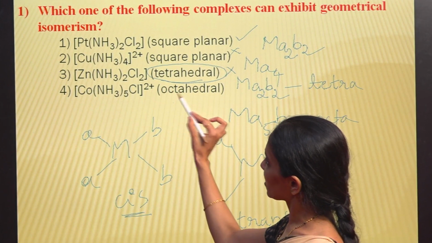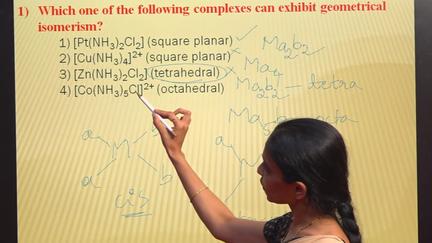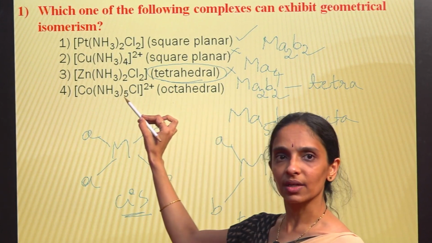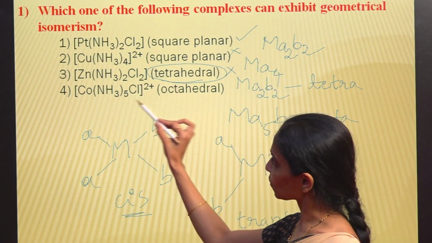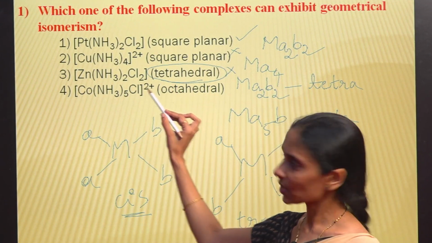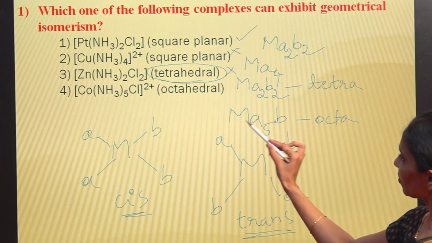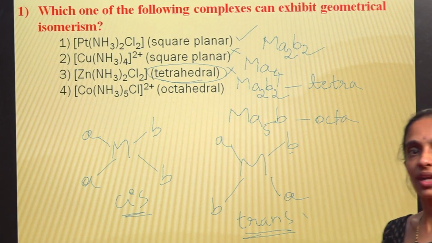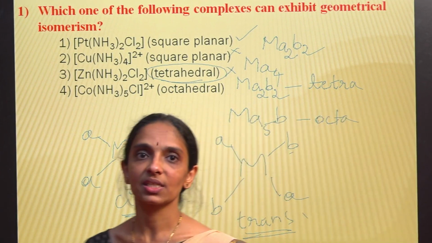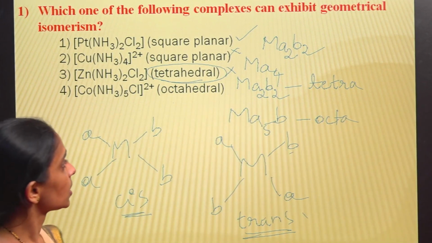The problem with this octahedral complex is that there is only one chlorido ligand over here. At least there should be two in order to show cis-trans isomerism. So Ma5B type of octahedral complexes don't show cis-trans isomerism.